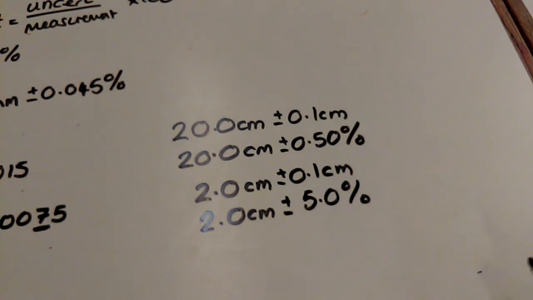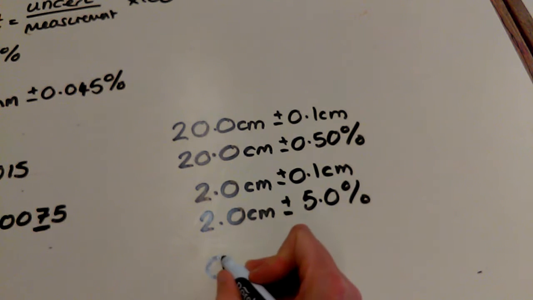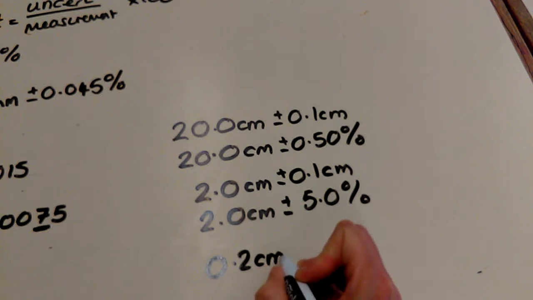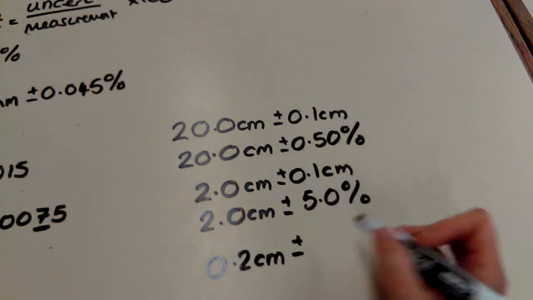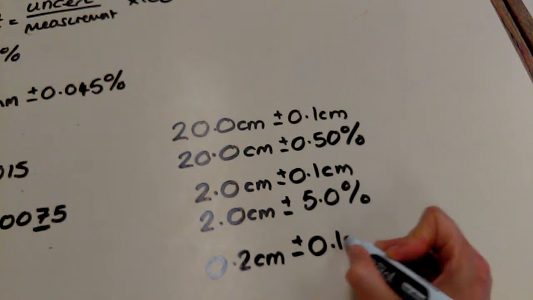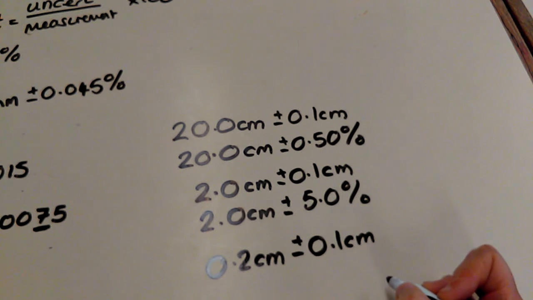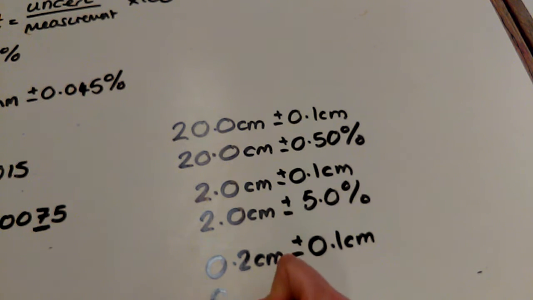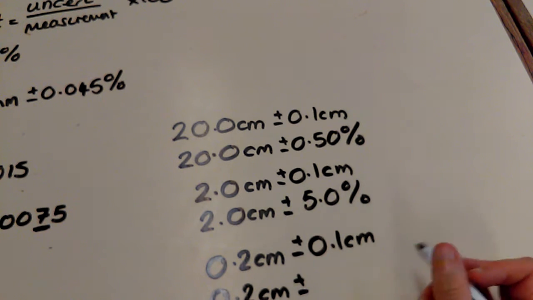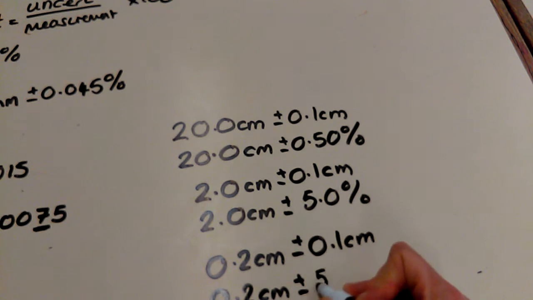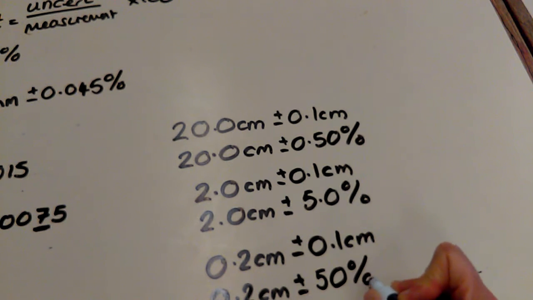You can probably see already what happens if we were trying to measure something that was 0.2 centimetres long. With a normal ruler, we'd have 0.1 centimetre as our uncertainty. If I divided 0.1 by 0.2 and multiplied by 100, you can see that's 50% uncertain.